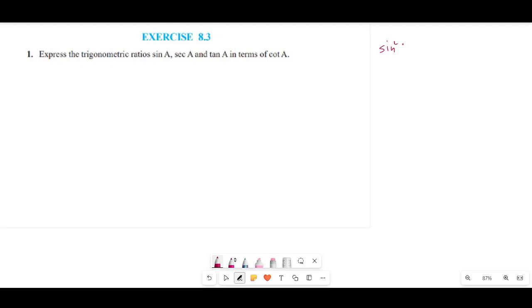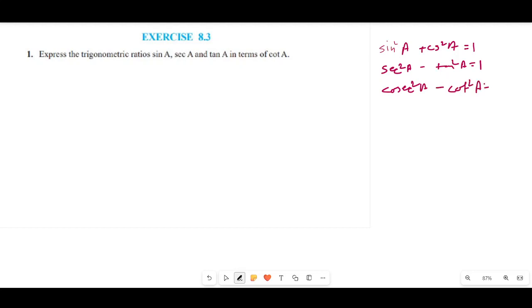First is sin square A plus cos square A equal to 1, sec square A minus tan square A equal to 1, and cosec square A minus cot square A equal to 1.